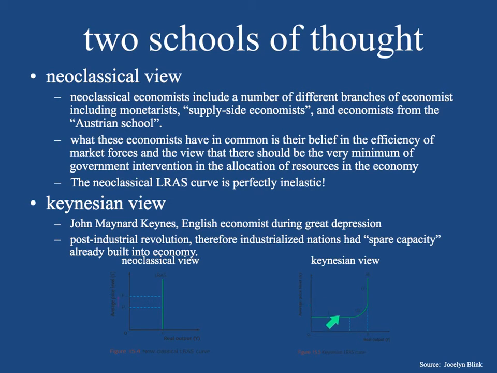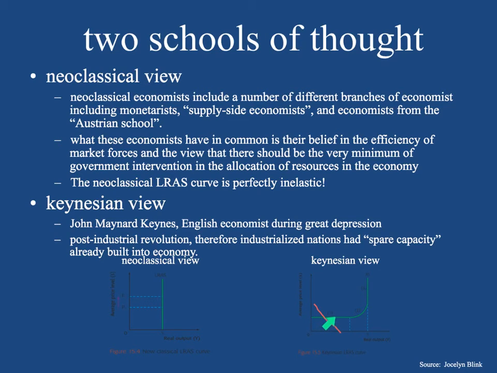Just let this go through your mind and hang with me here. If there's an aggregate demand curve coming down right here, what this would mean is that there is extra capacity in the system.